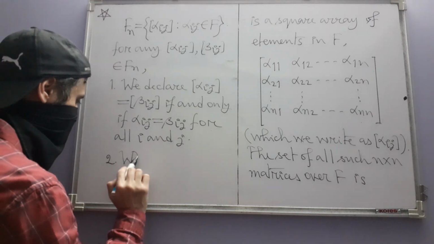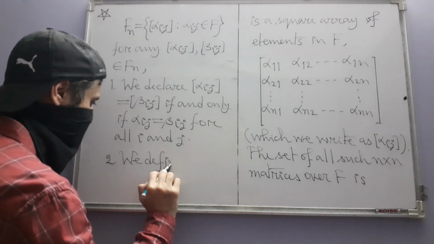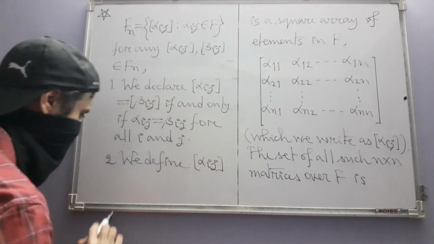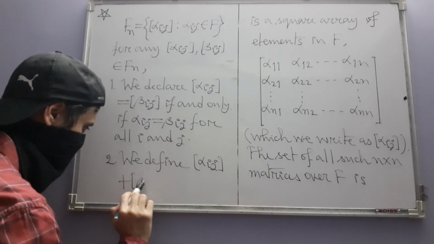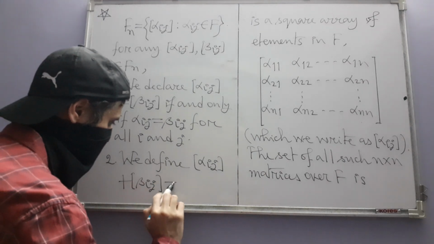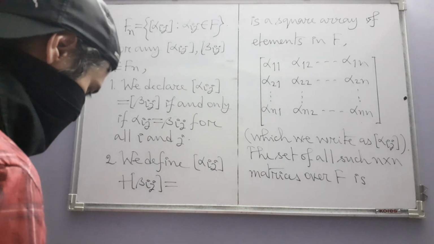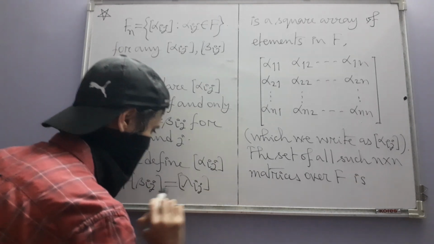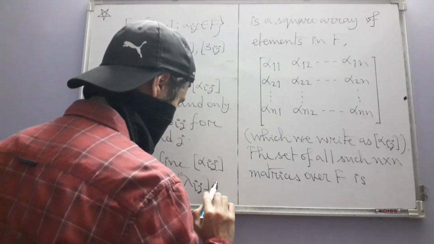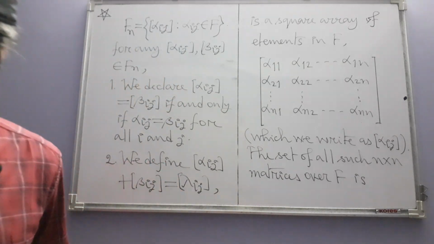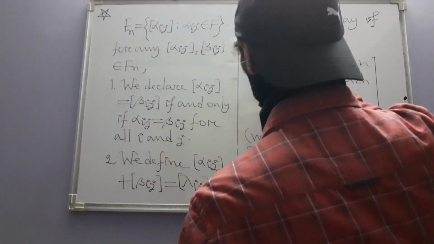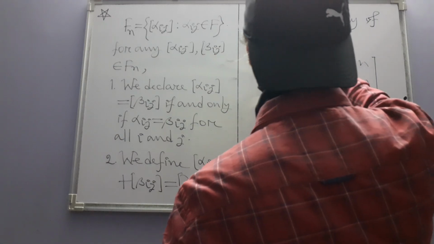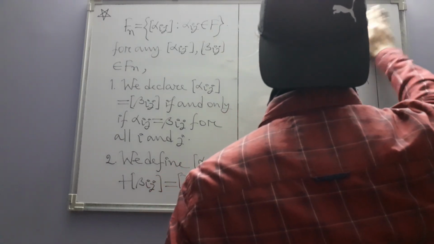We define a sum of two matrices to be the matrix, and the author has used lambda here. You can use anything you want, where, remember, these are operations we are defining now for the first time, okay, on the set of square matrices.